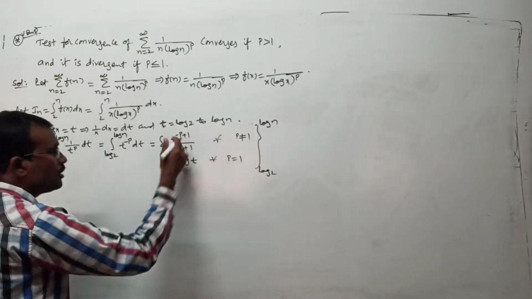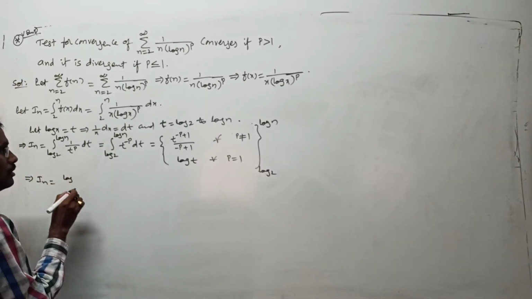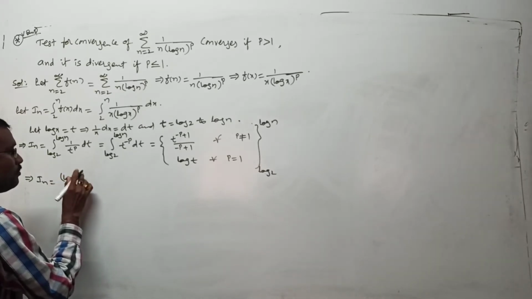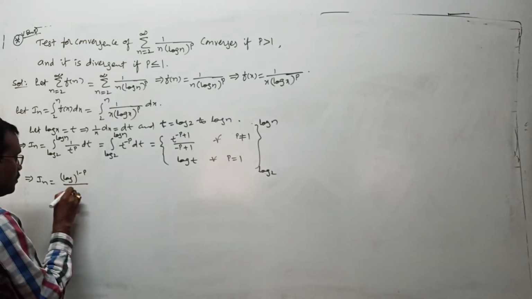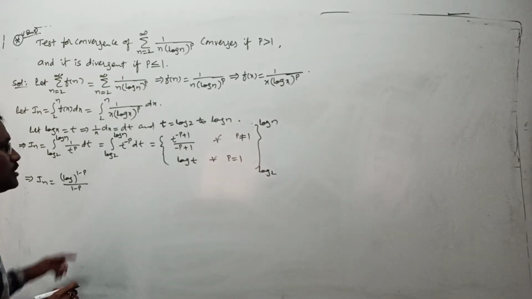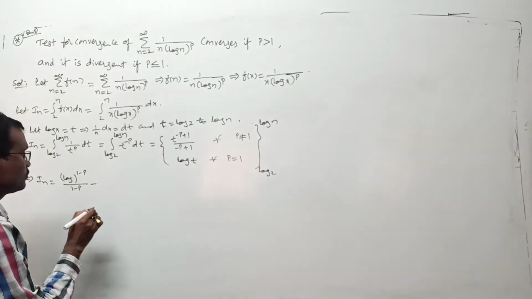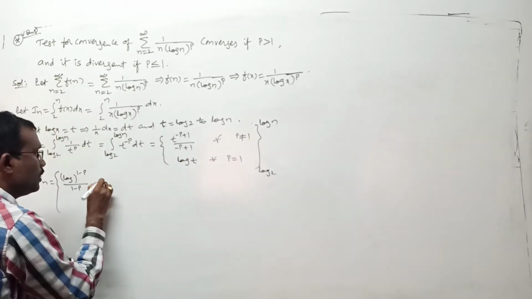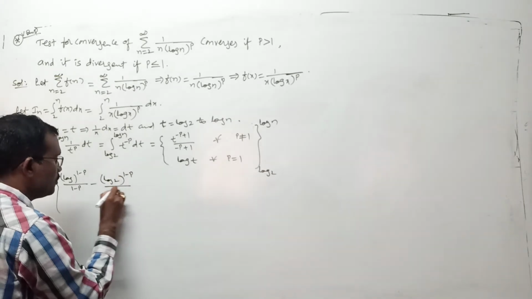Upper bound first, ma: (log n) to the power of 1 minus p by 1 minus p, for the upper bound, minus, for the lower bound, (log 2) whole to the power of 1 minus p by 1 minus p.